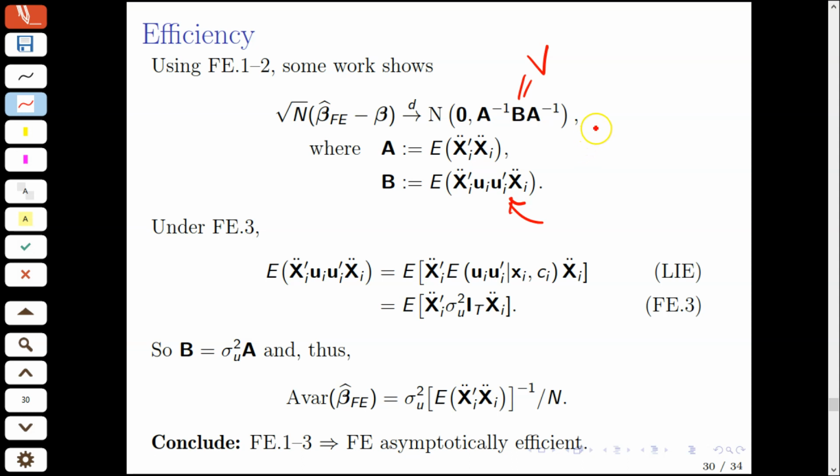However, it may be fruitful to think of the cross-sectional case here, in which case the version of B would be the expectation of u_i x_i prime, u_i x_i prime primed. I'm running out of space here. Let me scroll this a bit back.